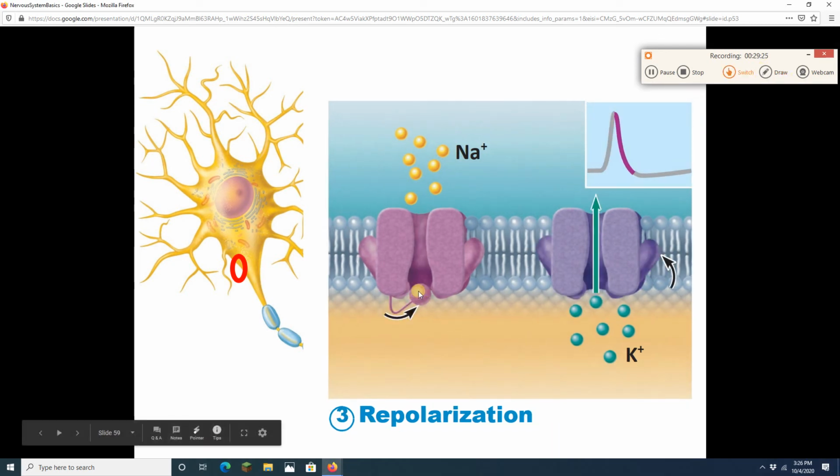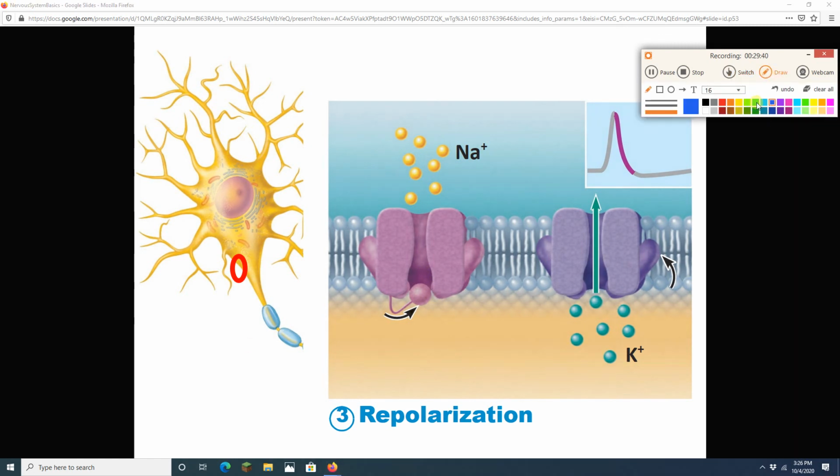The ball and chain is now blocking the sodium channel, which means this channel is now closed. Sodium can't go in anymore, but there's actually more to it. Not only is the sodium channel closed, it is also inactive right now. The sodium channel has been turned off.